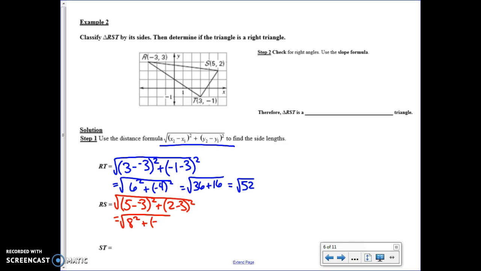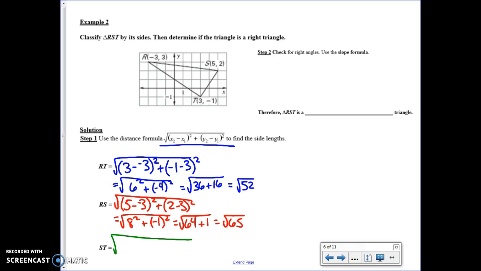And 2 minus 3 is negative 1. So 8 squared gives me 64. And negative 1 squared is positive 1, so I get 65. So far, no matches. So let's see about this third side. So if we know that those two don't match, then we know that it cannot be an equilateral triangle because we would need all 3 to match.